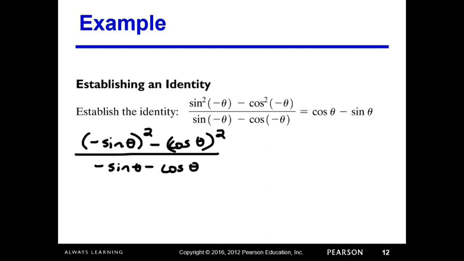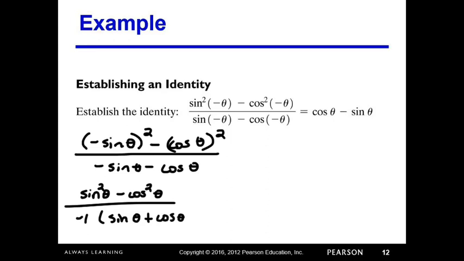We want those negative angles to become positive angles. Well, negative sine squared, negative times negative, is going to give us sine squared theta minus cosine squared theta over negative 1 times sine theta plus cosine theta. Okay?